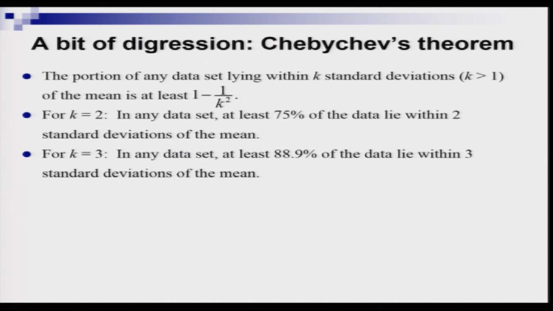Interestingly, I will comment on another point here and then conclude today's lecture: Chebychev's result does not depend on the symmetry of the distribution. So, that holds for any data set, any kind of distribution shape that we have in the data.